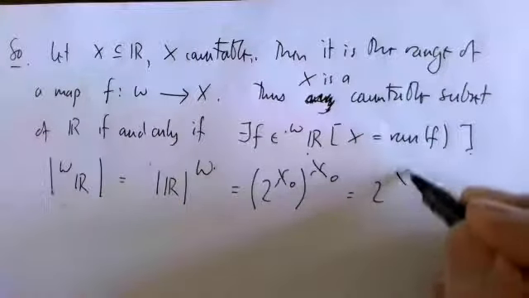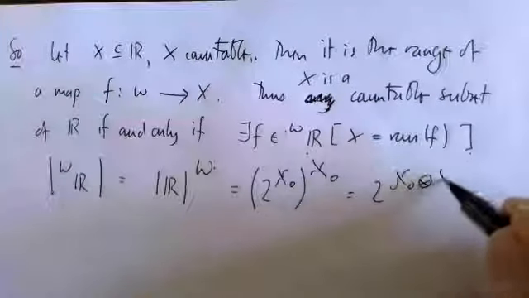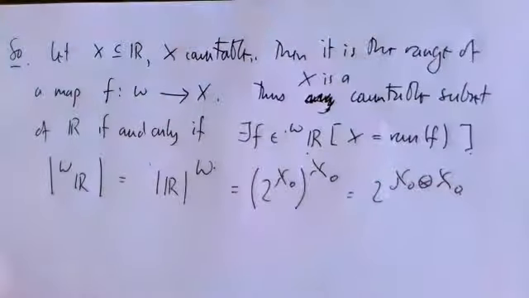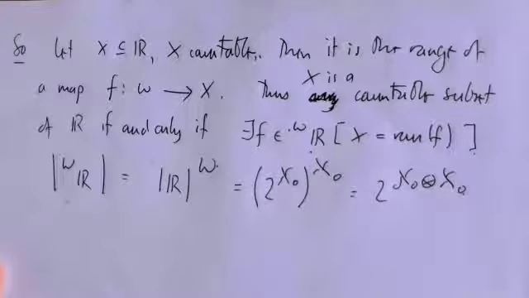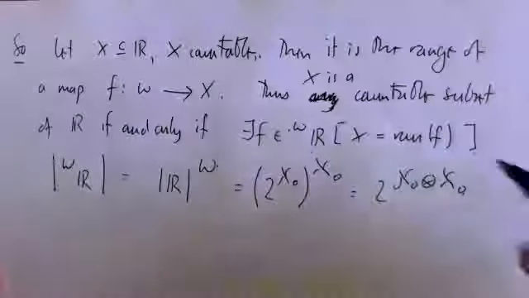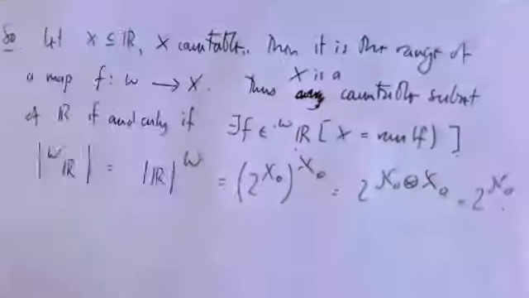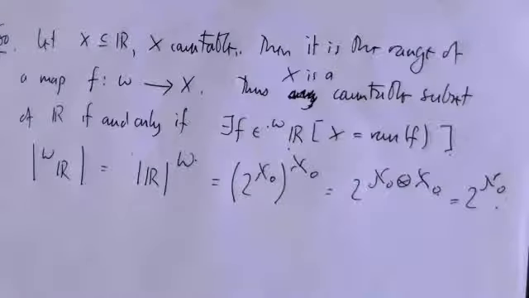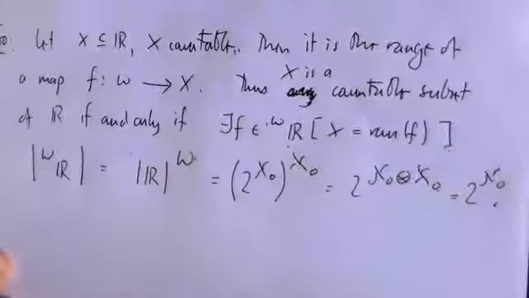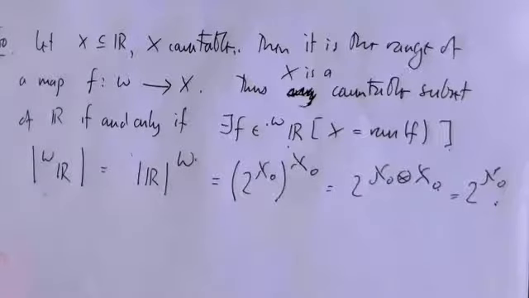Now rules of cardinal arithmetic here, and Aleph 0 times Aleph 0 is just Aleph 0, so this is 2 to the Aleph 0. Okay, so that finishes the first part of the exercise.